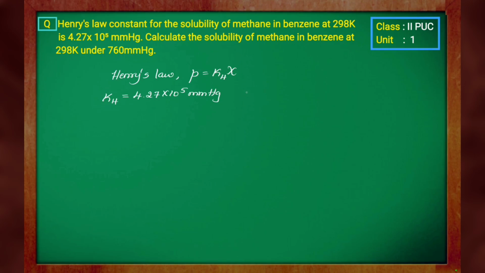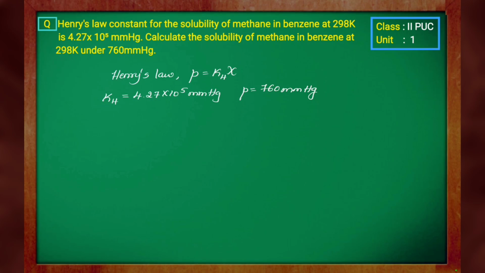Calculate the solubility of methane in benzene at 298 Kelvin under 760 mmHg. So the pressure P is given. It is 760 mmHg. So we need to calculate solubility. Here solubility is given in terms of mole fraction chi.